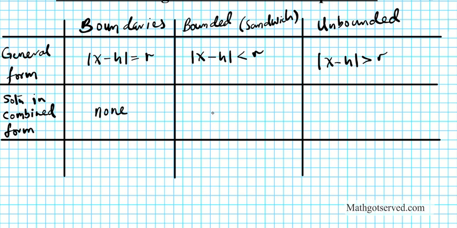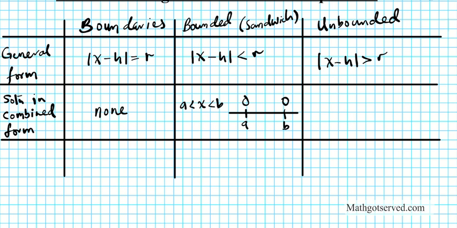For bounded regions, in combined form, you write it as a is less than x and x is less than b. And what does the graph of that look like? Well, you just have your number line. You have the lower bound, which is the left of the inequality, which is a, and then the upper bound, which is b. And then you're going to be bounded between these two open circles right here.